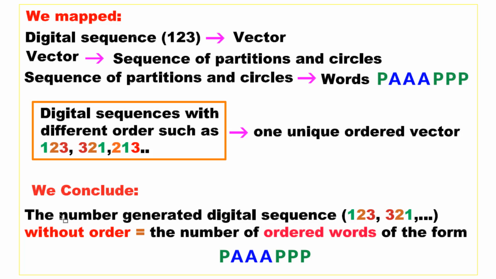We conclude that the number of generated digital sequences without order is equal to the number of ordered words of this form here. So now the question is, how many ordered words of this form do we have in order to solve our counting problem?